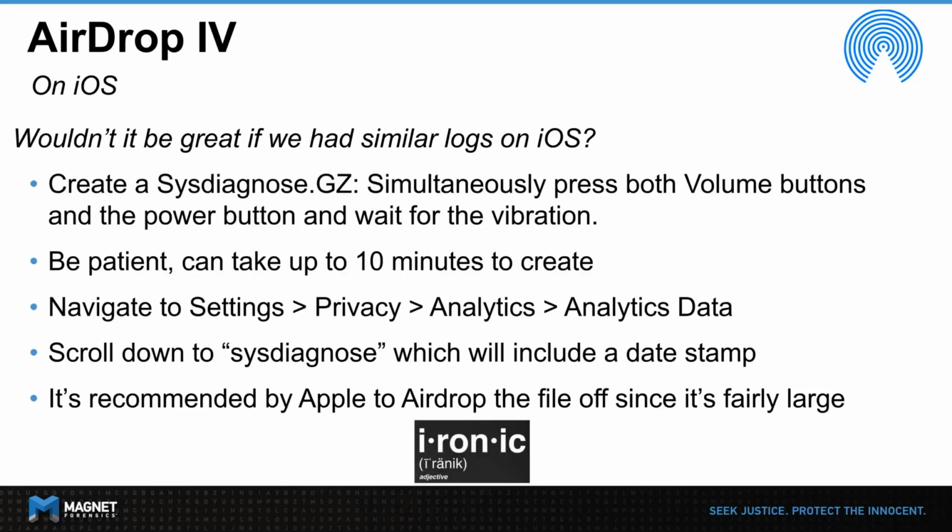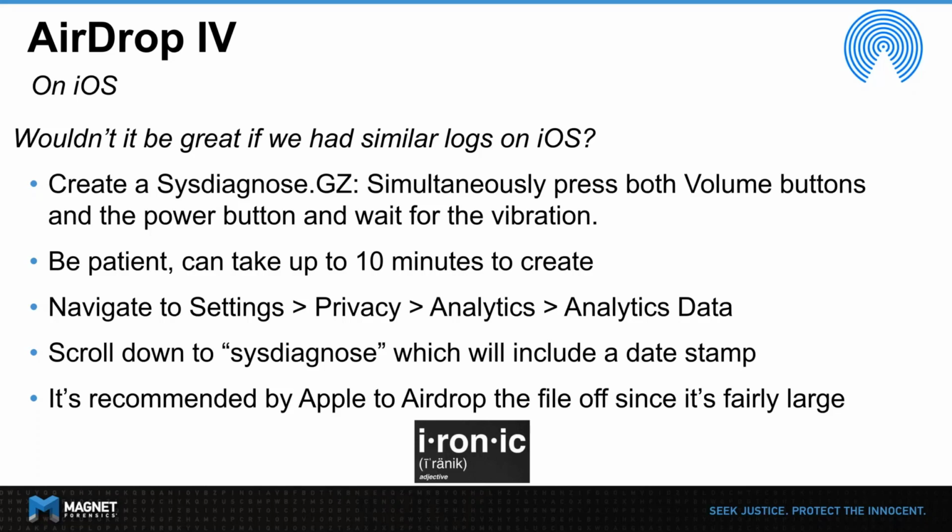On iOS, if you needed logs that have some of this information in it, you could create a sysdiagnose gzip log by pressing both volume buttons and the power button and waiting for the vibration of the phone. Don't do like I did and keep thinking you did it wrong, and your phone vibrates 6 times, and then you go to settings, privacy, analytics, and analytics data, and you've got 6 or 7 sysdiagnose logs that have been created.